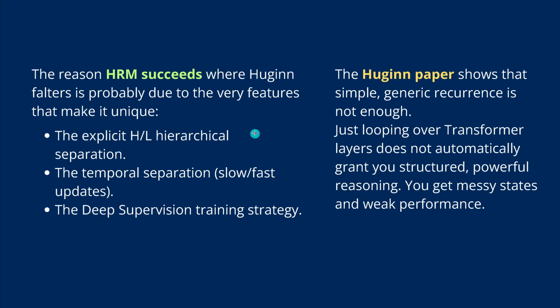So it really pays if you are on a recurrent system, but you really think about how the learning process should happen, how the reasoning process should happen, and how you build your training strategy. If you just take transformer layers and you just have a recurrence that you run over it without anything else, weak performance.